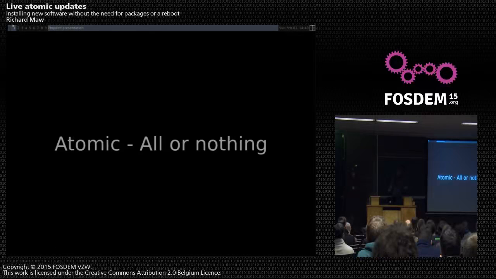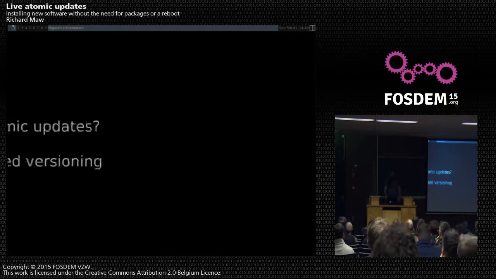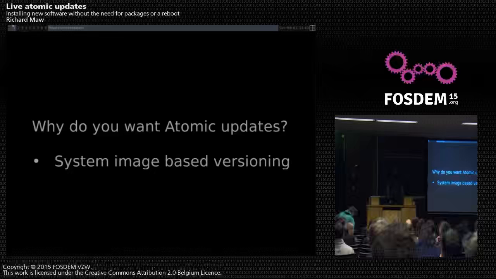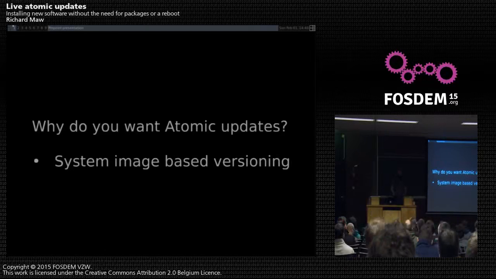But the reason I've been investigating live atomic updates is because we don't want to have to reboot every time we want to apply an update, because we want to provide a web server and apply the updates without dropping any connections. We want atomic updates because it implies being able to do system image-based versioning.